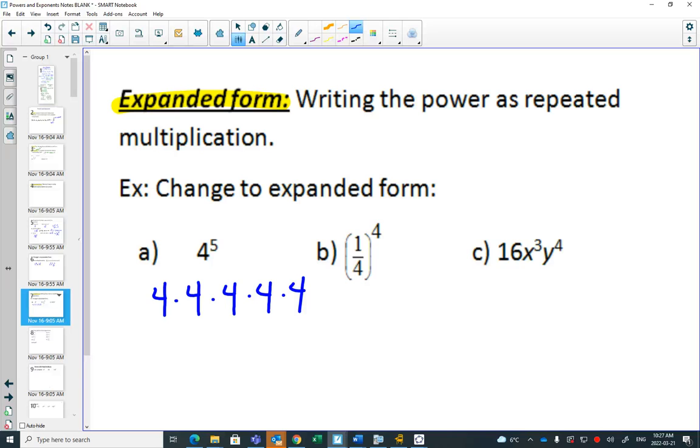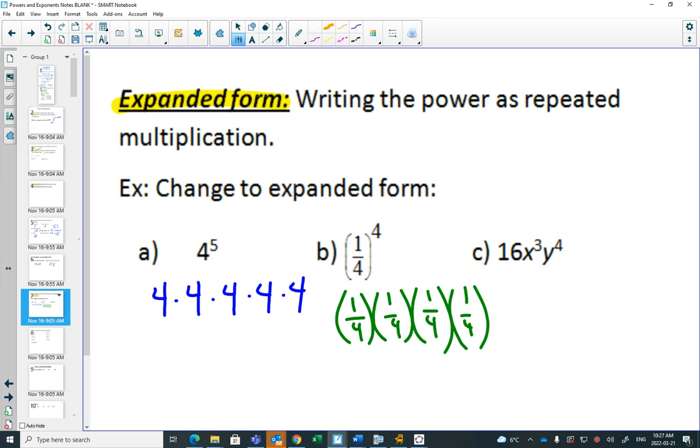The second one, 1/4 times 1/4 times 1/4 times 1/4. And again, if you have brackets beside each other, that also means multiplying. And the third one, x times x times x times y times y times y times y.